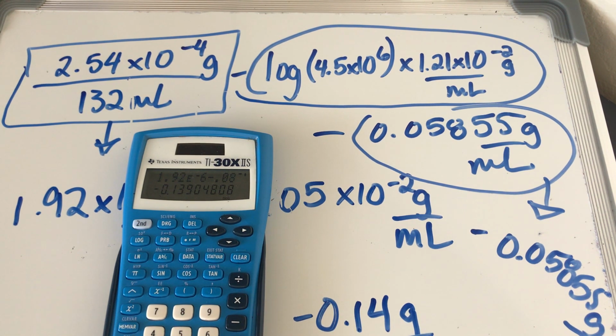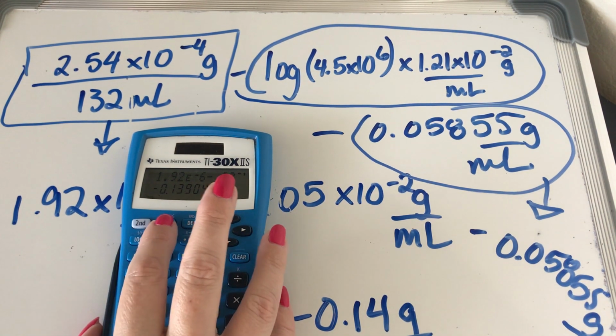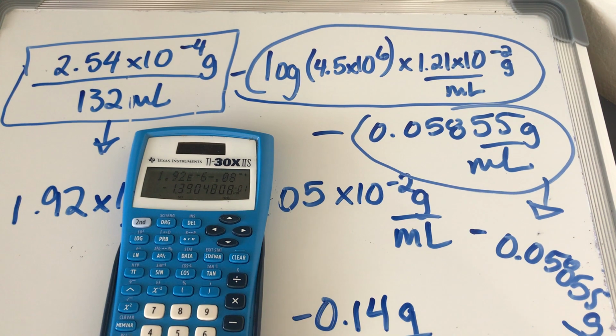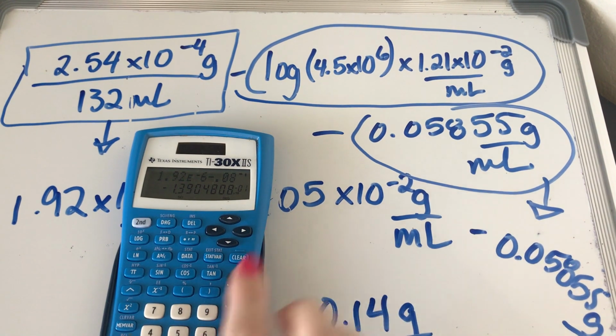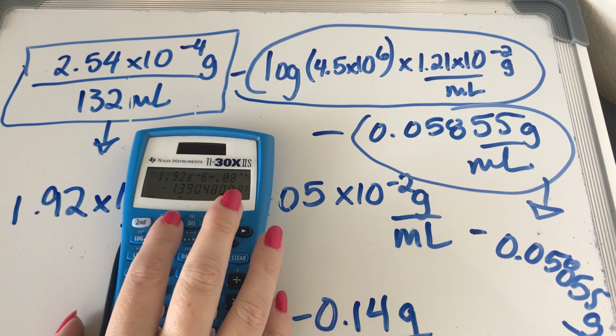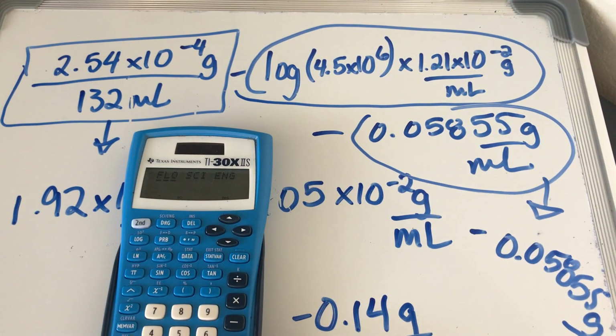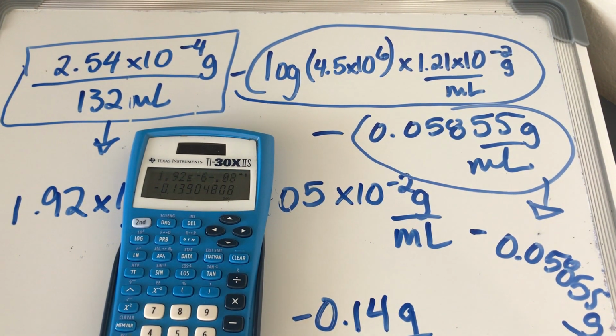I got -1.39. Do you have it in scientific notation? Yes. So you have -1.39 times 10 to the -1, which is the same thing as that number. Does that make sense, Amy?